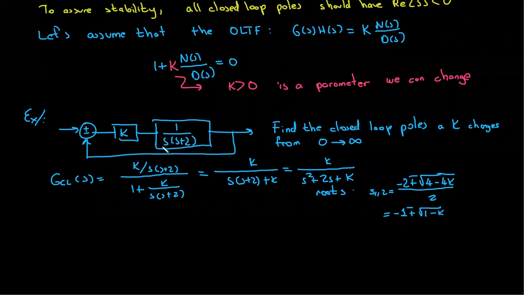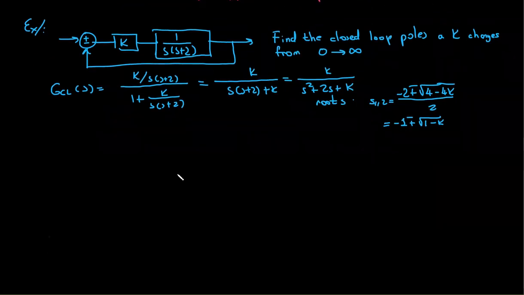So we have the open loop pole locations, which were 0 and -2. But as we change K from 0 to infinity, the closed loop poles become the roots of this polynomial. And for different K values, the closed loop poles get different values. And I can sketch these pole locations as well. So let me try to do that.